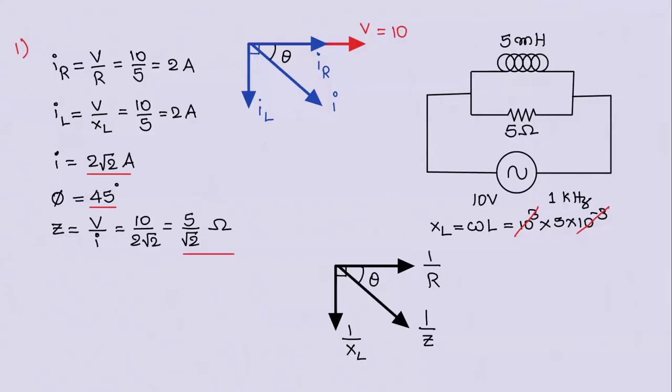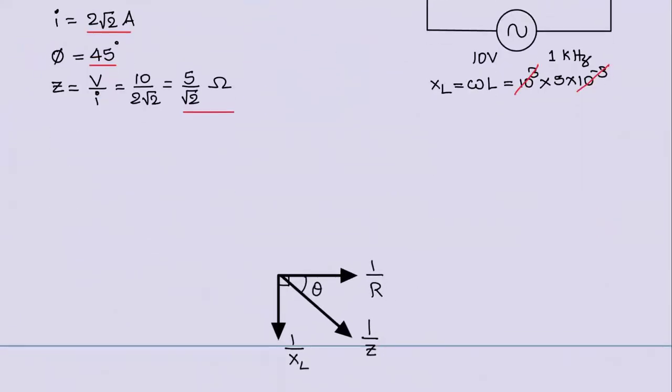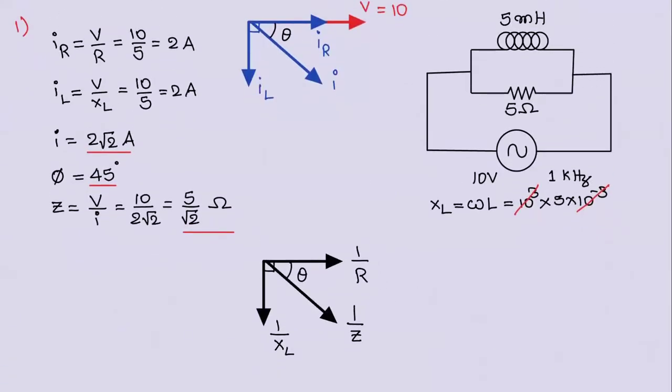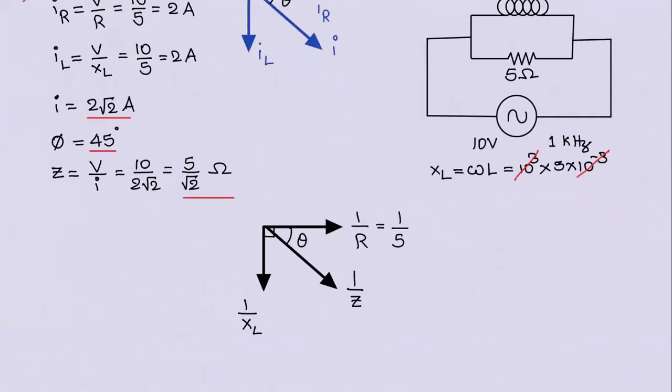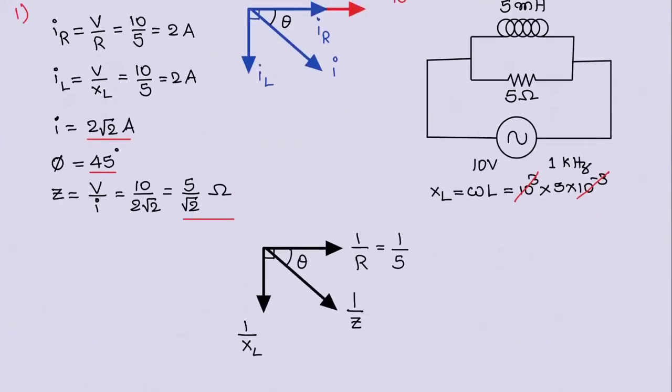This is the impedance approach, not the current approach. See how I'll solve. I'll calculate the 1 by R value, well known to me. What is 1 by R? 1 by 5. 1 by XL we also know, right? 1 by XL is 1 by 5. Now what does Z tell me?